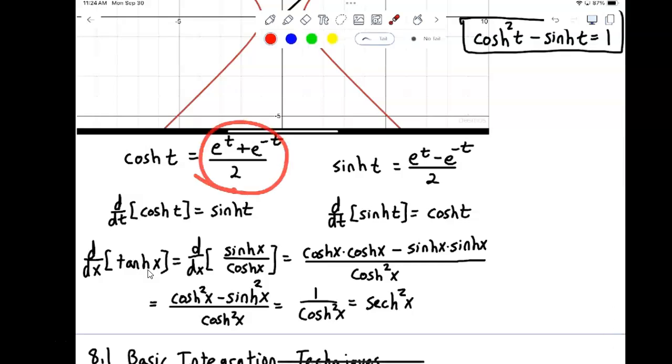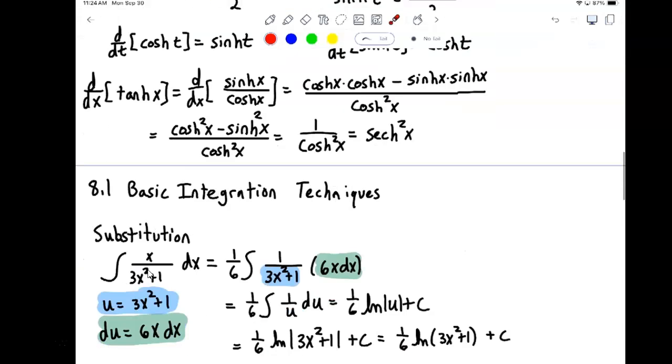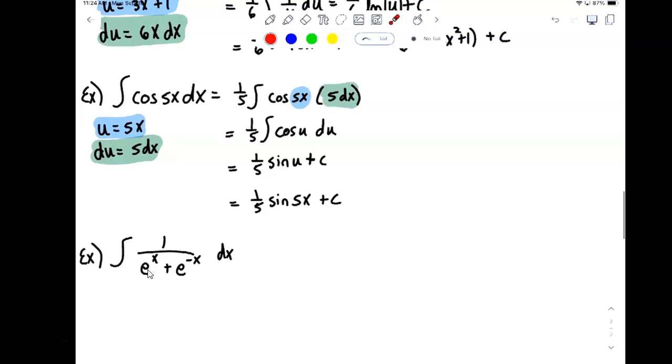Of course, we do the reciprocal of that. We'd have 2 over e to the t plus e to the minus t. Of course, we're losing the 2. That's just a constant. So the hyperbolic cosecant will be 2 over e to the t plus e to the minus t. And so we're really, in a sense here, looking at an integral that's related to the hyperbolic cosecant.